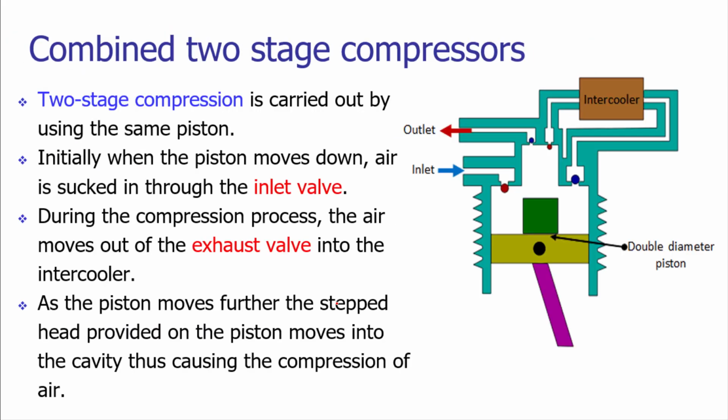So we can have the combination of these two stages together. The arrangement of the combined two-stage compressor is there on your screen. In this case, we have two pistons, and the diameters of the pistons are different. This is the main piston, and it has a secondary piston as well.